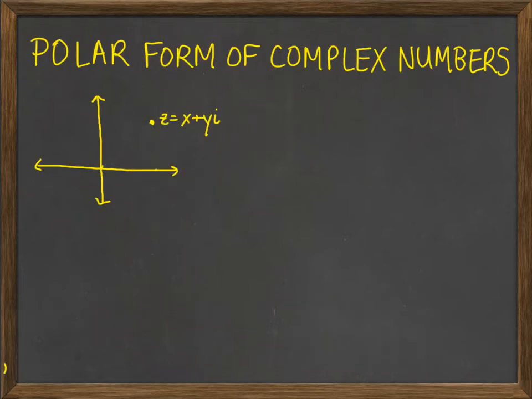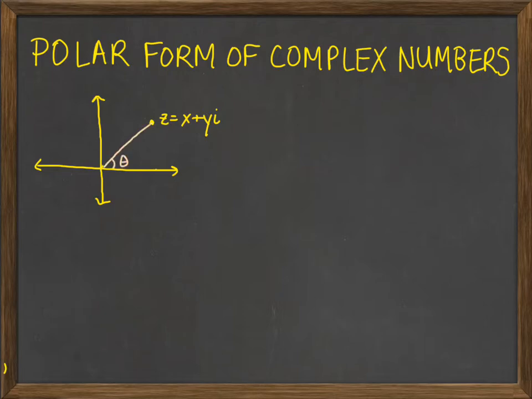Okay, so let's talk about the polar form of complex numbers. We have talked about them so far like they're in rectangular form. So if we have a general complex number of the form x plus yi, and we draw a line from that point to the origin, then we get an angle theta.